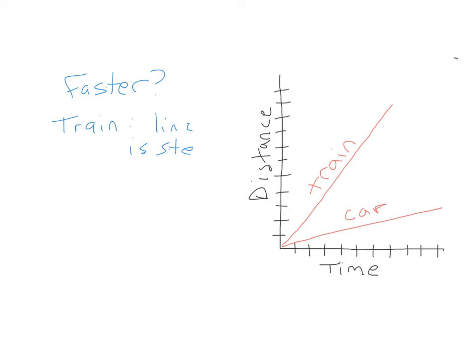And what makes it steeper? Steeper is when the slope is big. So you see it's just going up a lot quicker than this one. So this is the steeper line. The slower one obviously is the car, because it is not as steep.